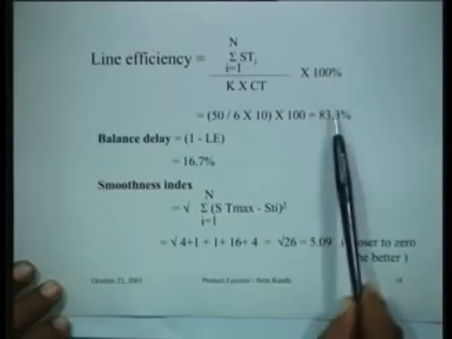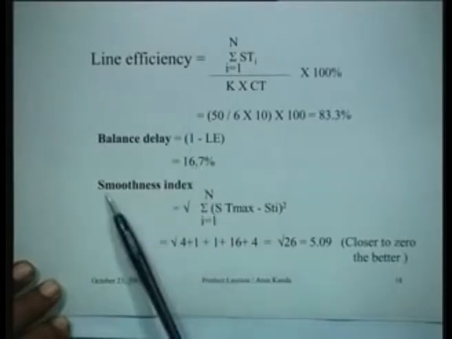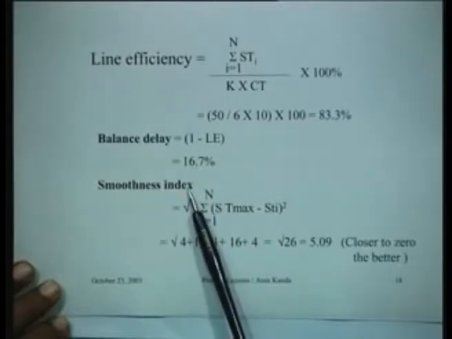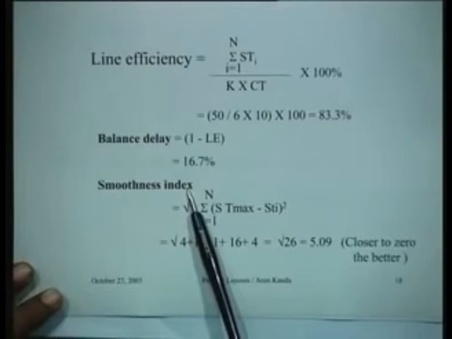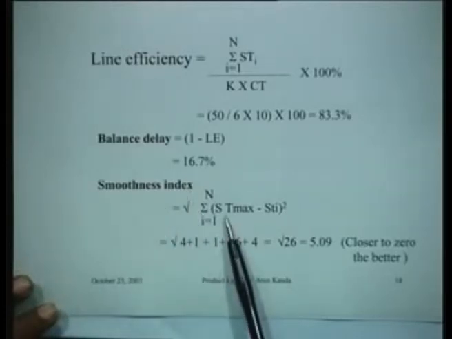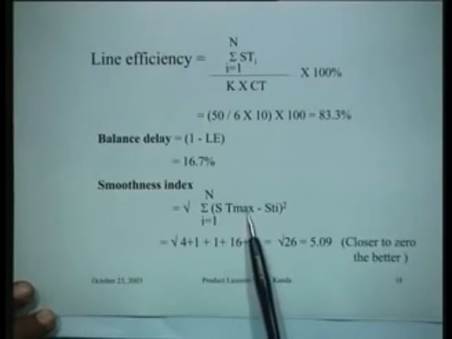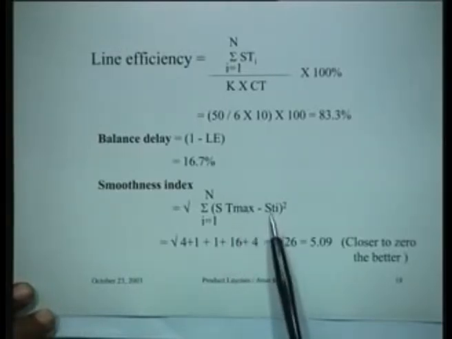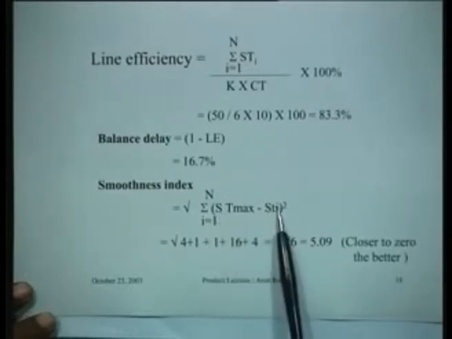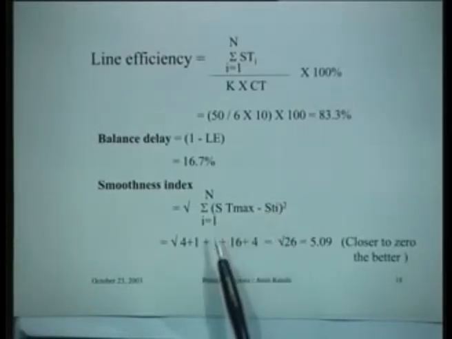So the balance delay is 16.7%, and the smoothness index for this, smoothness index is a term for an assembly line, is the square root of the sum of (ST max minus STi) whole squared, where ST max is the maximum station time, that is the cycle time, and STi is the station time of the ith operation. So it will be for each operation.